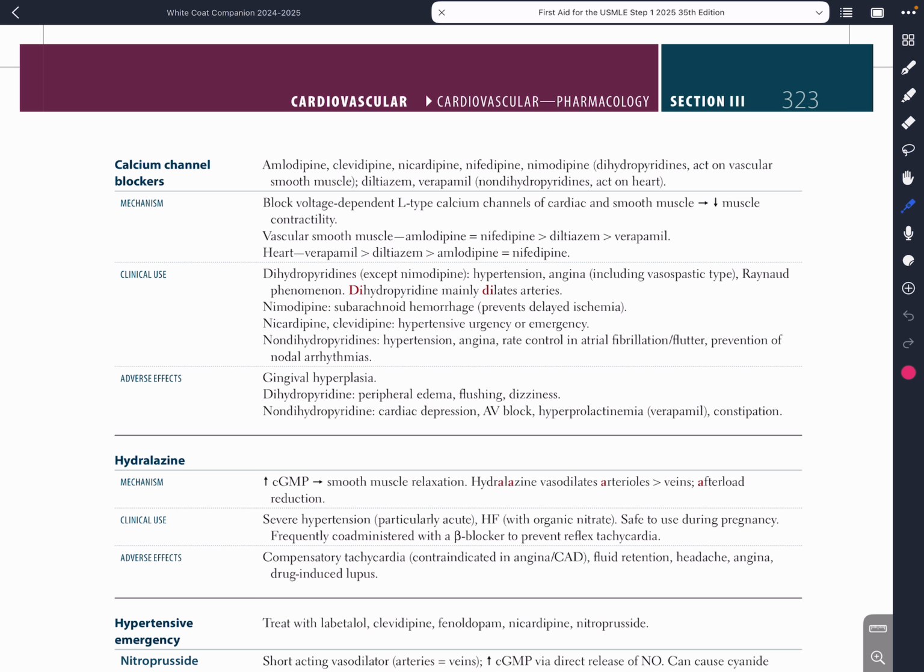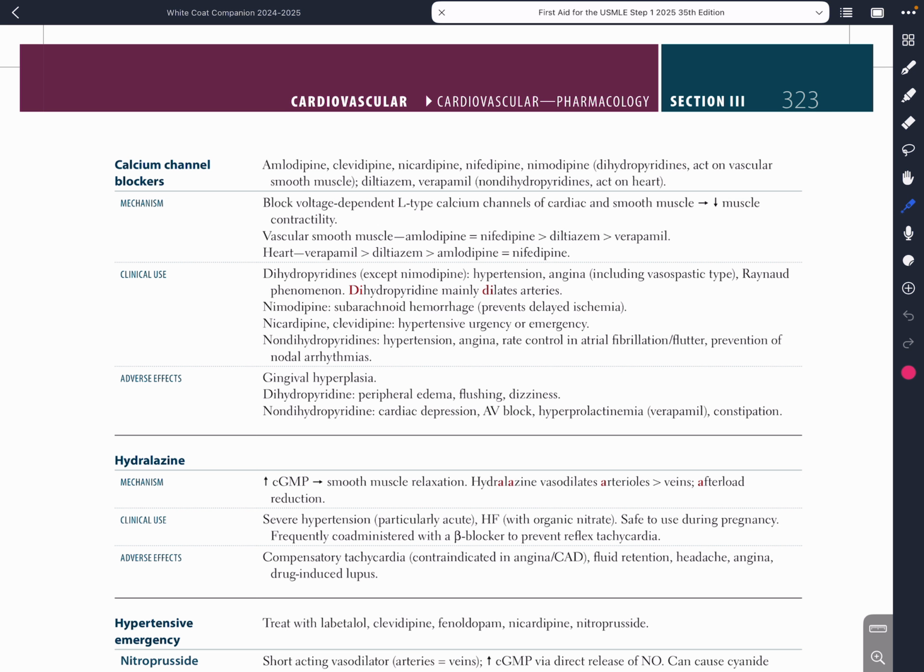One easy way to remember this is that they act on the heart, they don't let you die. So non-die doesn't allow you to die. Diltiazem and verapamil, non-dihydropyridine calcium channel blockers, act directly on the heart.